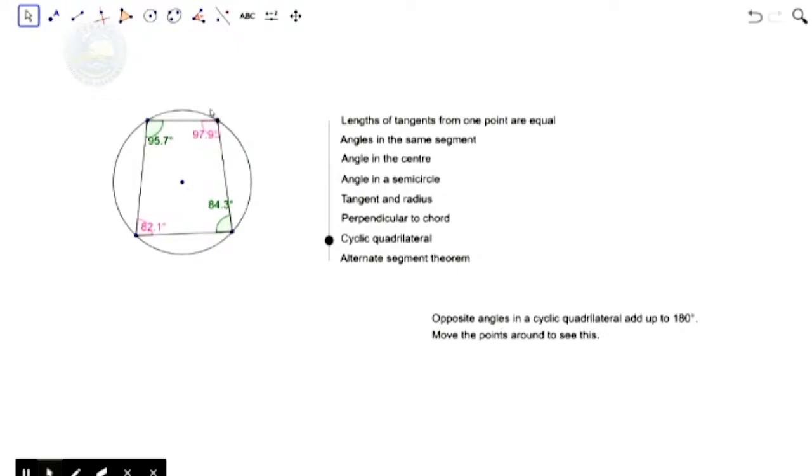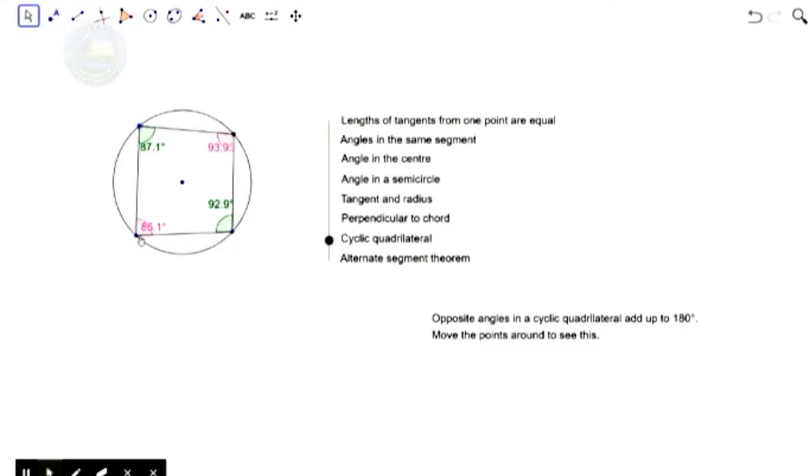So here we have a cyclic quadrilateral. A cyclic quadrilateral, again, means that each point of the quadrilateral is going to be on the circumference of the same circle. So if we have 1 point, 2, 3, 4, all of these must be on the circumference of the same circle.